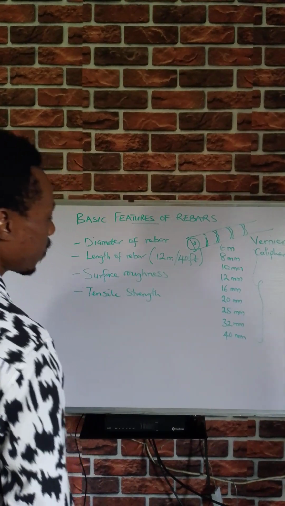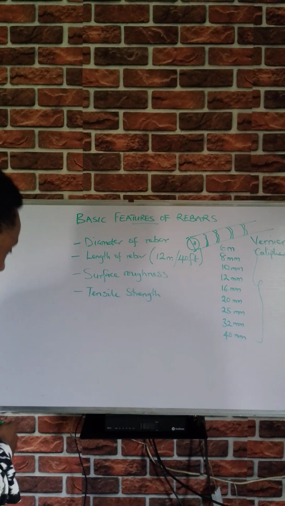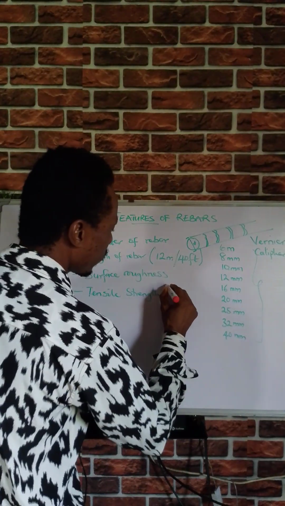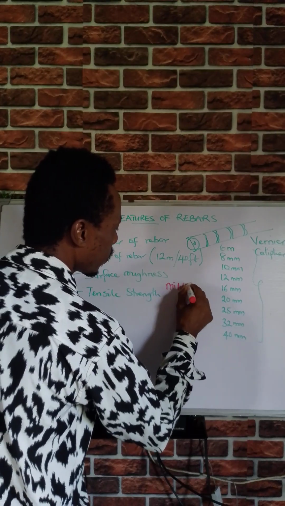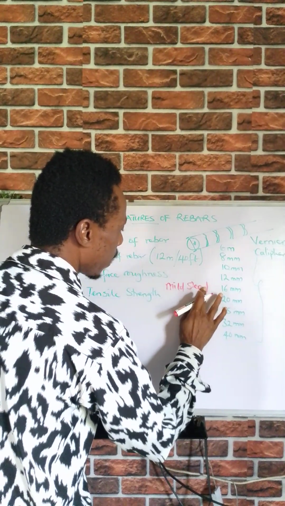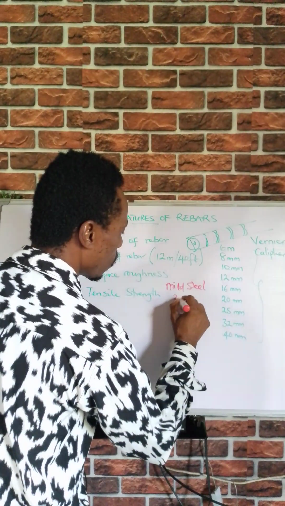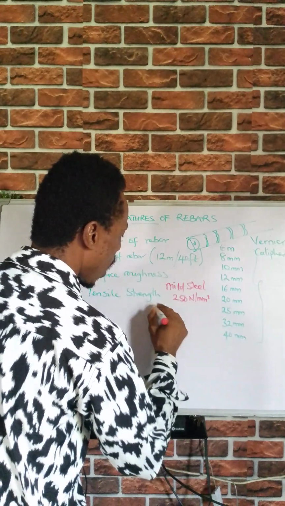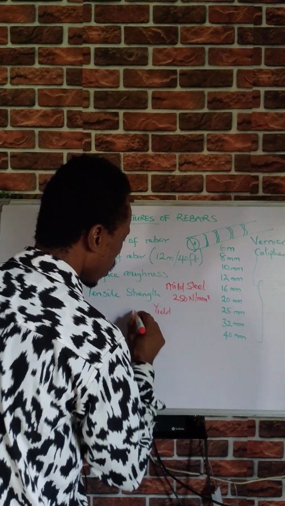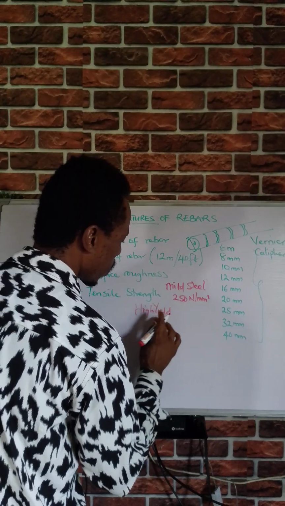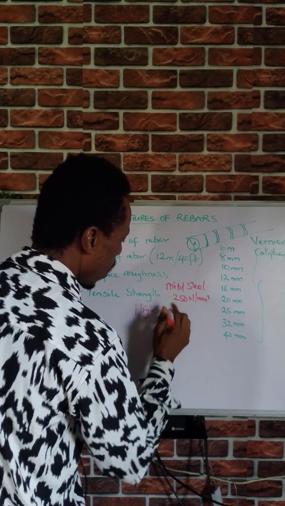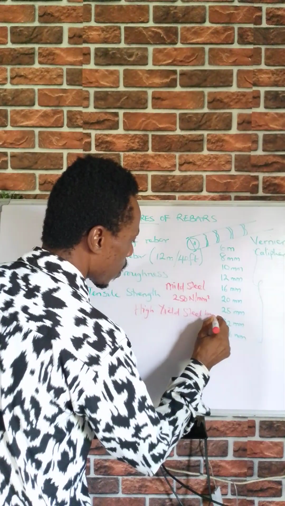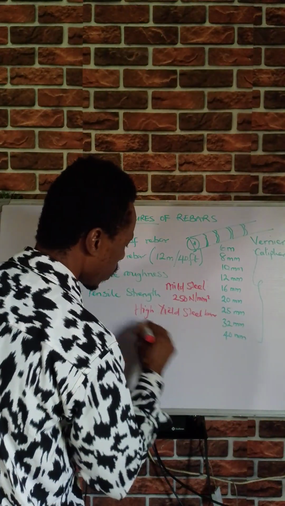Now, for mild steel, like I said earlier, mild steel is 250 Newton per millimeter square. While our high yield steel bar, we have 410.